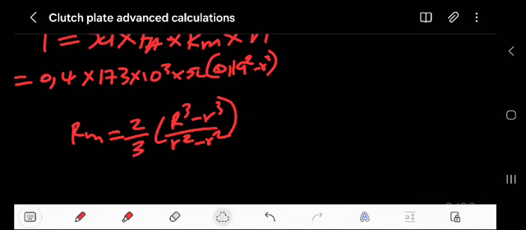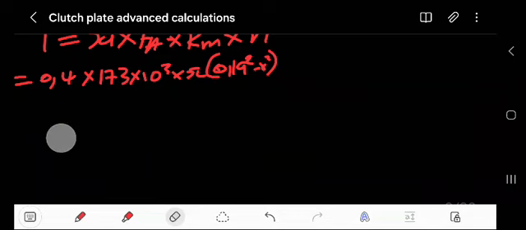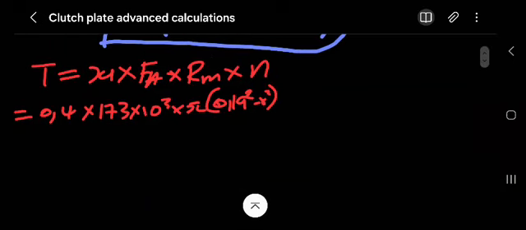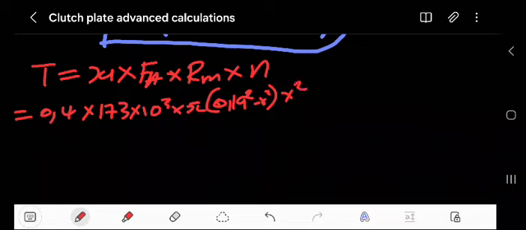So let us just put that formula there, because I'm supposed to multiply by it. So we know we'll use that formula. Rm will be multiplied by 2 over 3. We'll have R cubed, what is our big R, which is 0.19 cubed minus r cubed. We don't know r.